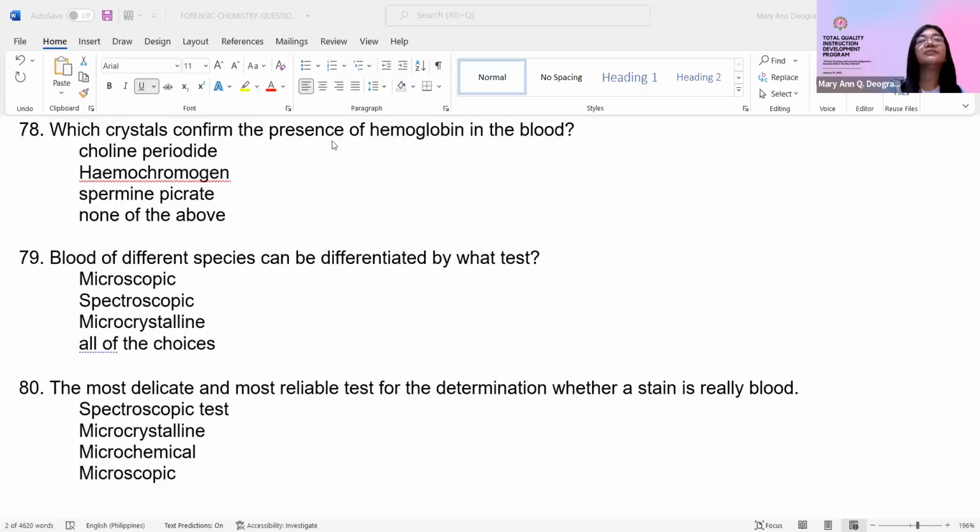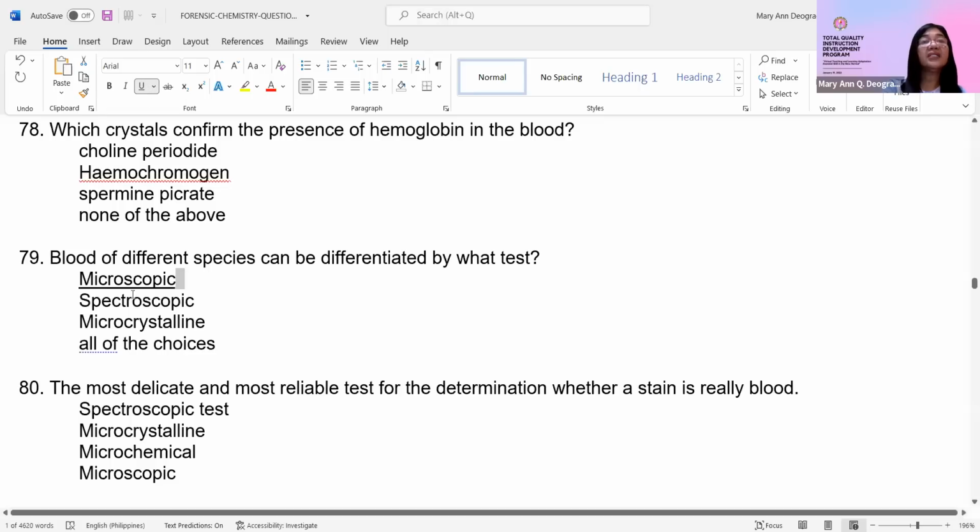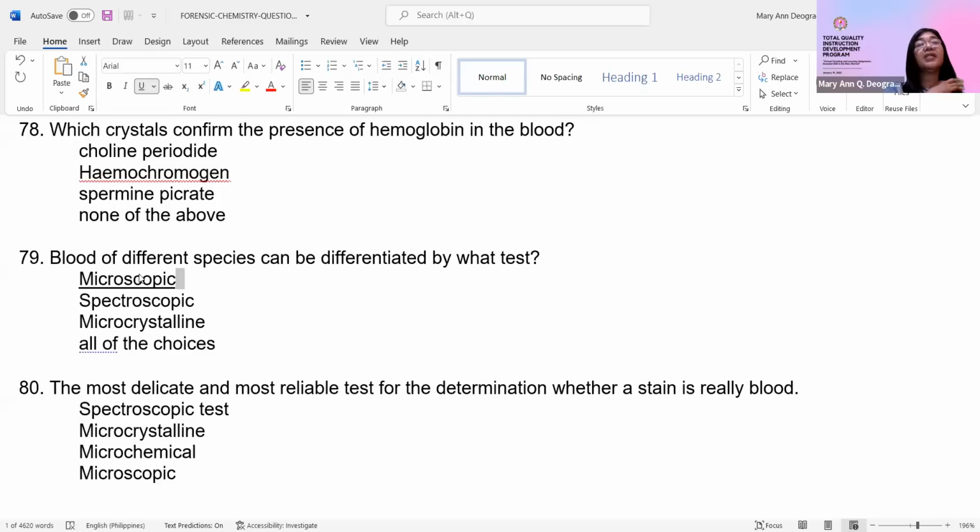Letter A. Hindi kayo para-parehas ng sagot. Ang sagot dito is letter A. So, microscopic from the criminalistic standpoint can determine whether blood is from avian, piscine, reptilian, or mammalian blood. Natatandaan niyo yung discussion natin dyan?